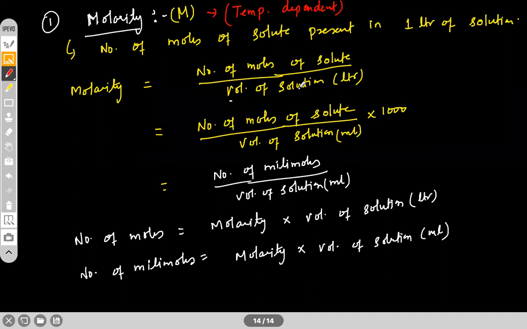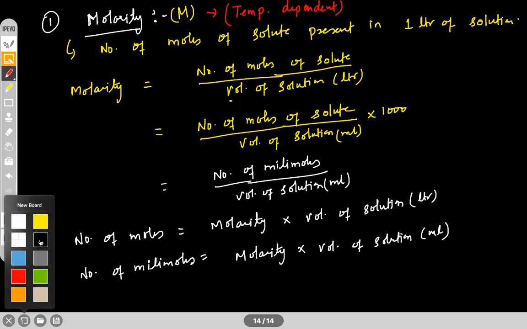The other concentration term we have is molality. Next, write down molality. We'll finish this and then we'll take a break. Just 5-10 more minutes. Molality.